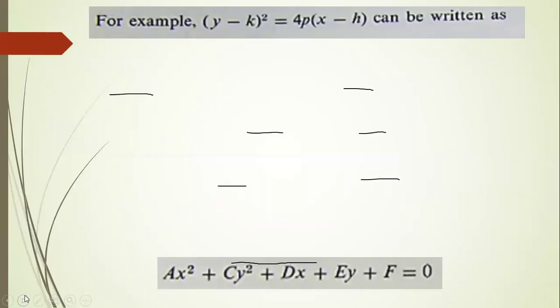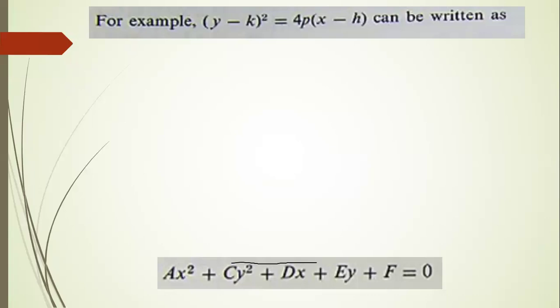For example, I'm going to rearrange one to show you how we get our general formula. So we have the formula y minus k squared equals 4p into x minus h.